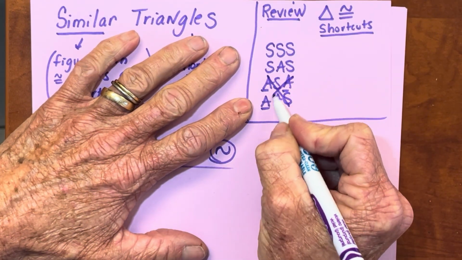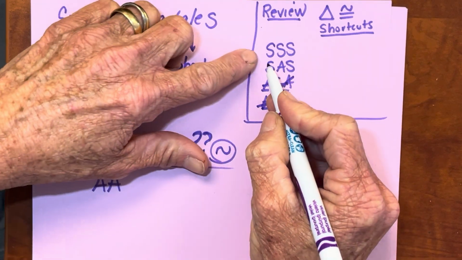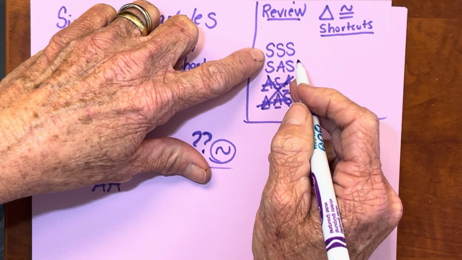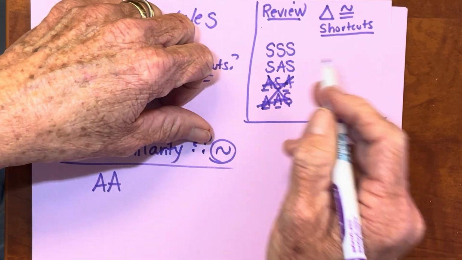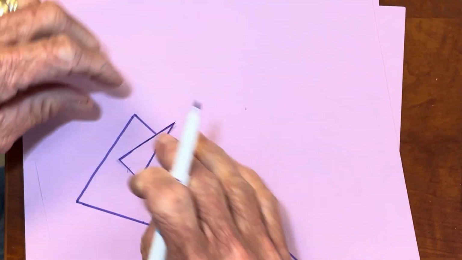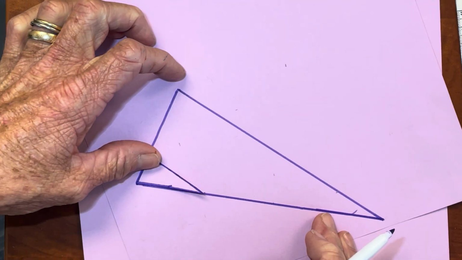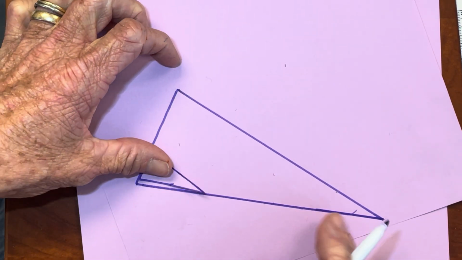So that takes care of these two tests, and then the remaining two show up as well. I just want to show you what they look like. So side-angle-side would look like this. Going back to the same triangles I had before, let's just start with this angle here in the bottom. You can see that those are congruent to one another.